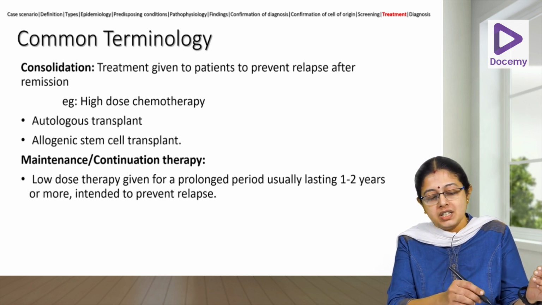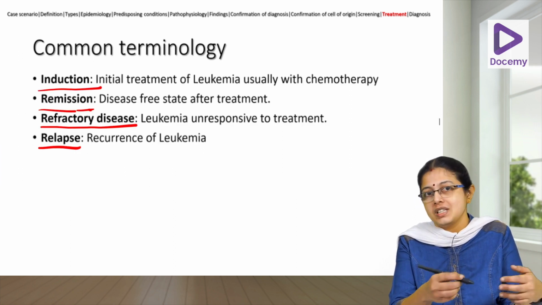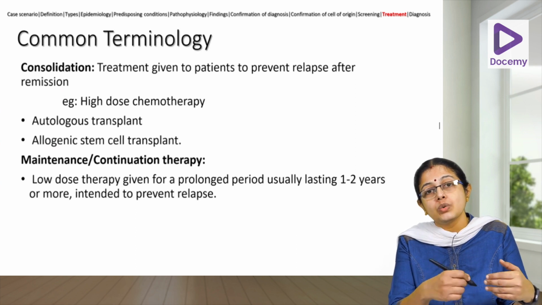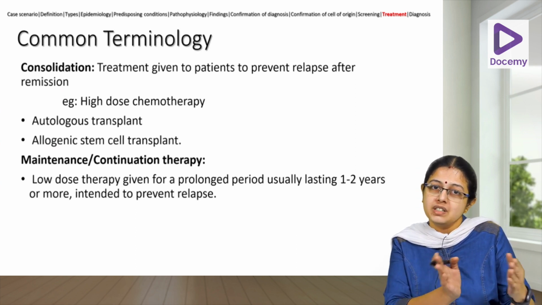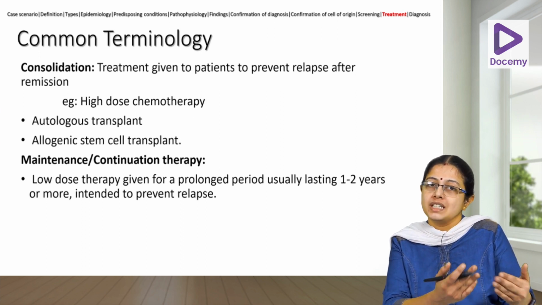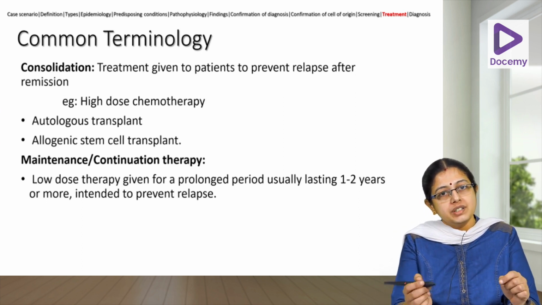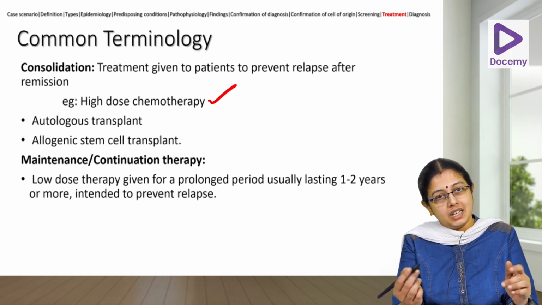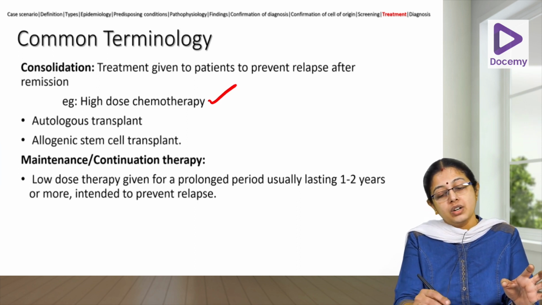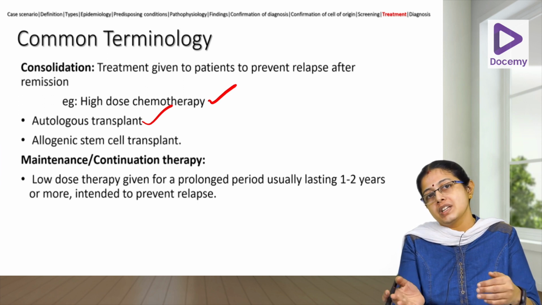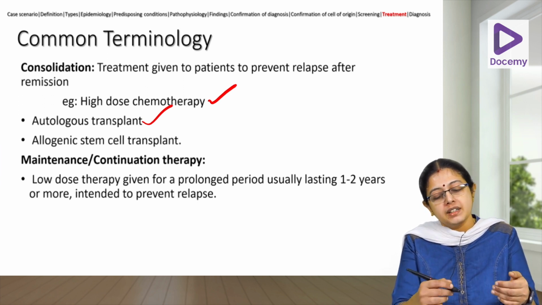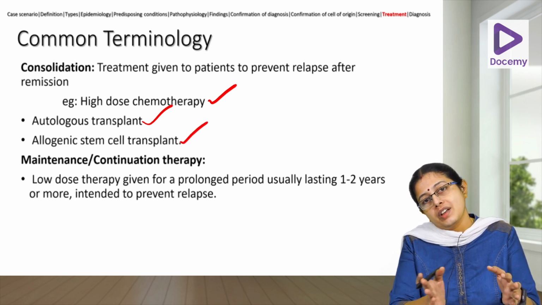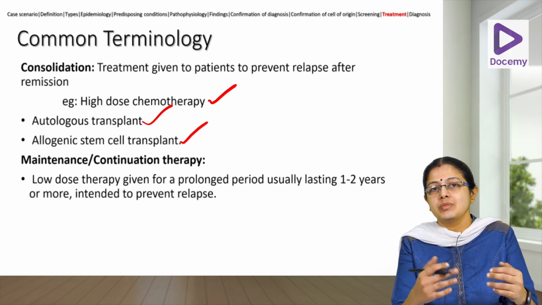Somebody who has an active disease, a new disease, receives the induction, and somebody who has achieved remission, to prevent relapse, receives consolidation therapy. So, consolidation therapy could be high-dose chemotherapy alone, or autologous transplant in high-risk disease where they are at high risk of developing relapse. And allogenic stem cell transplantation is done in those patients who have a matched donor within the family or outside.